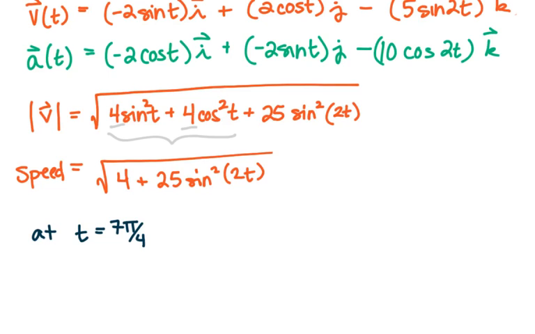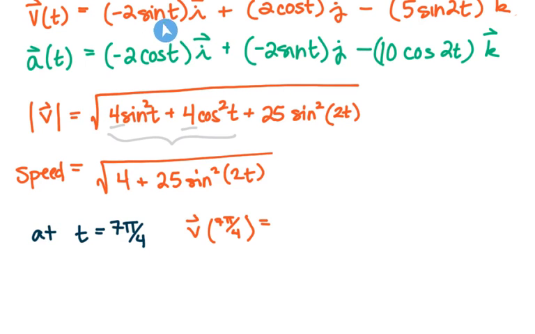So velocity at 7 pi over 4, v of 7 pi over 4. Simplifying that, plugging it in, and simplifying these trig functions, sine of 7 pi over 4, cosine of 7 pi over 4, sine of 7 pi over 2.